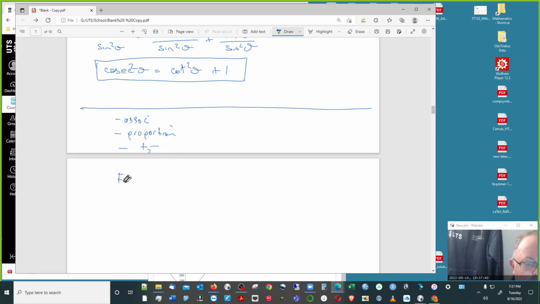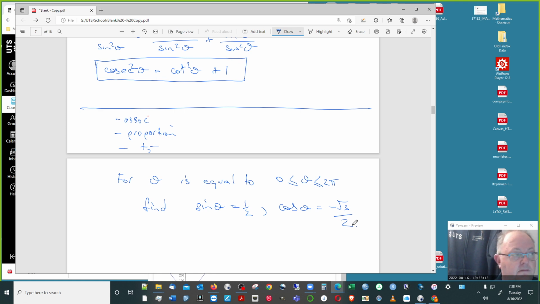Okay, 4 theta is equal to... find... Okay, so this is very much a typical 3-unit question.